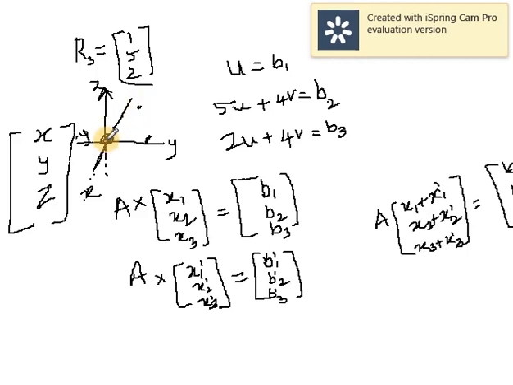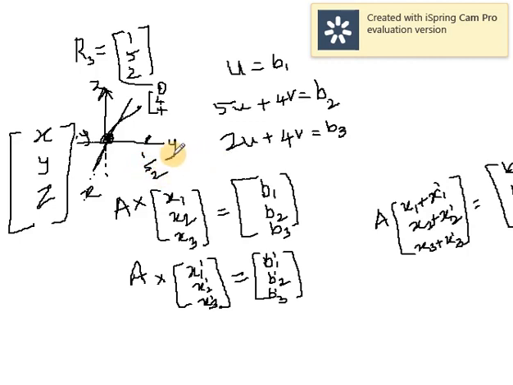So if we draw the line from the origin, this represents 0, 4, 4, and this represents 1, 5, and 2.